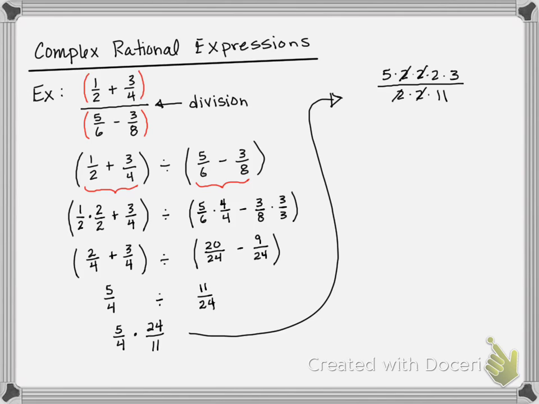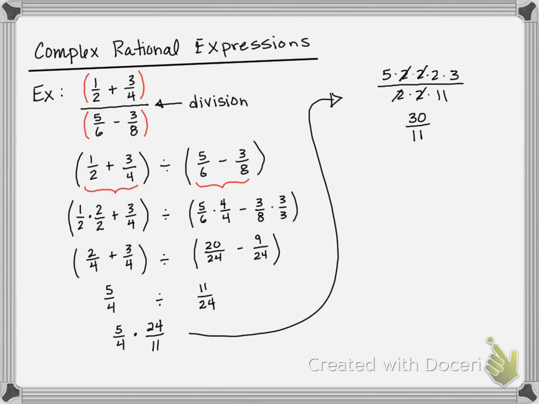And we can cancel off a couple 2's. And we get 30/11. So now we have a single fraction. We have one number in the numerator, one number in the denominator.